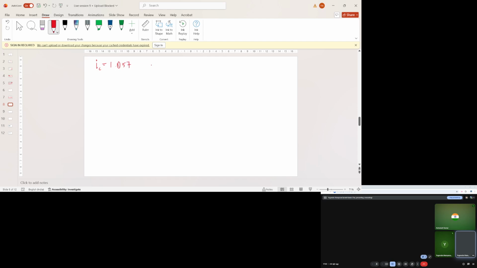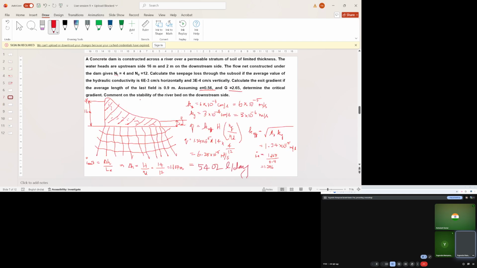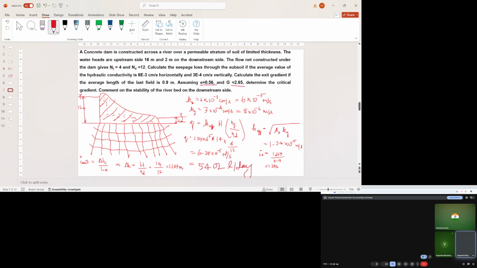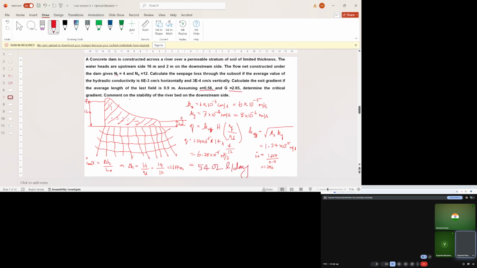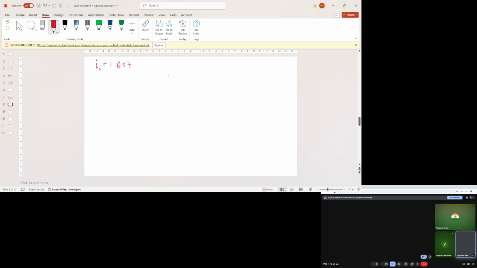Right. So what is the last part of the question? Comment on the stability of the river bed. Both the points, check IC and I exit.